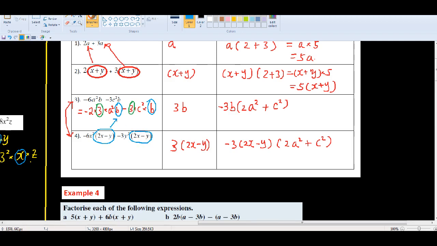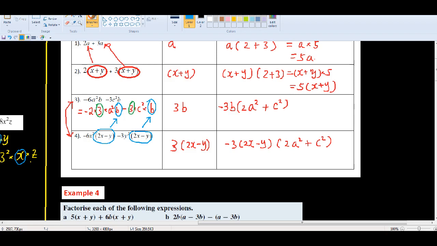is just equivalent to that b in question 3. So everything else is the same, except that we replace that b by bracket 2x minus y. It just functions in the same way as that b.